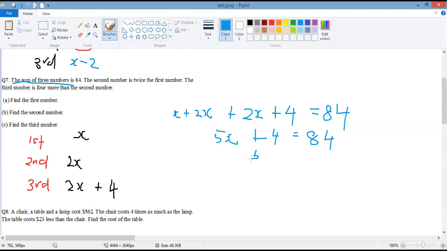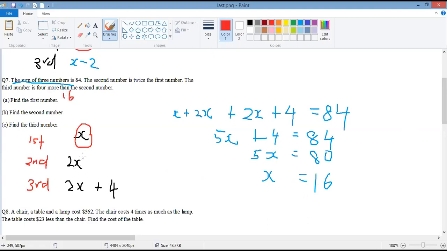So 5x equals 84 minus 4 equals 80. So your x equals 80 divided by 5, you get 16. So what is the first number? Find the first number. So your first number, refer back to the table here. Your first number is x. So your first number equals 16.